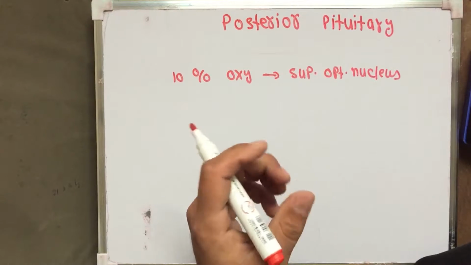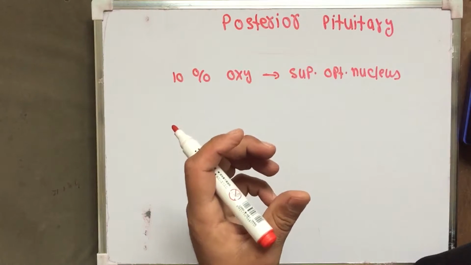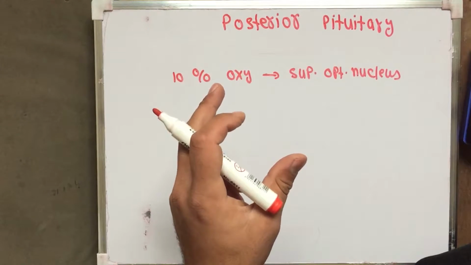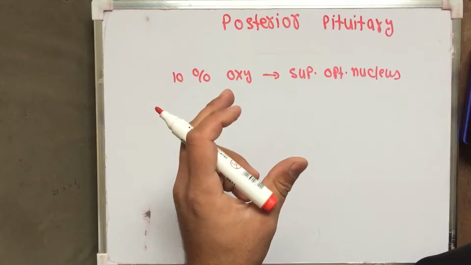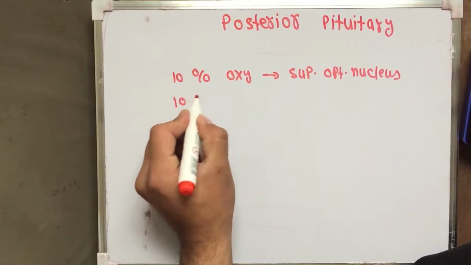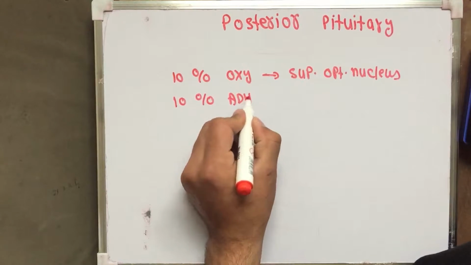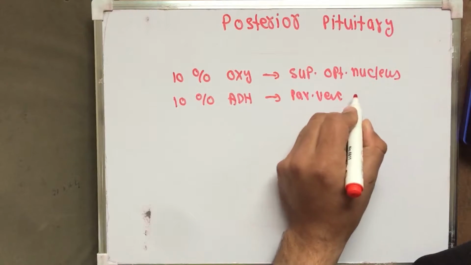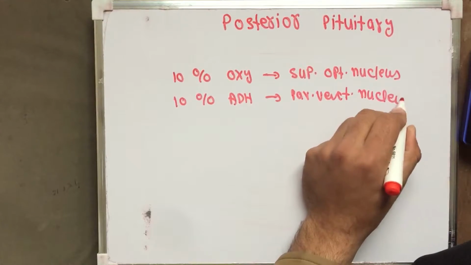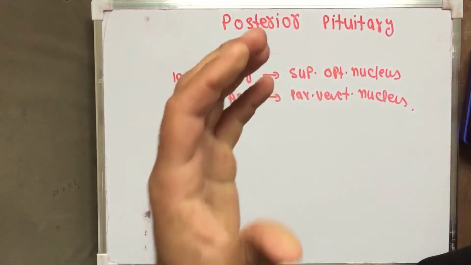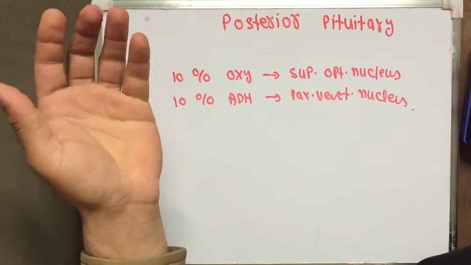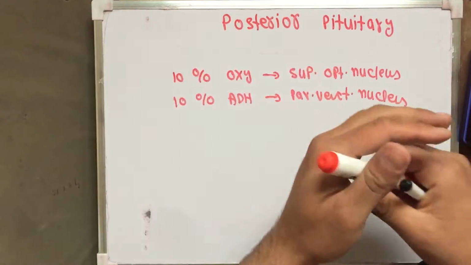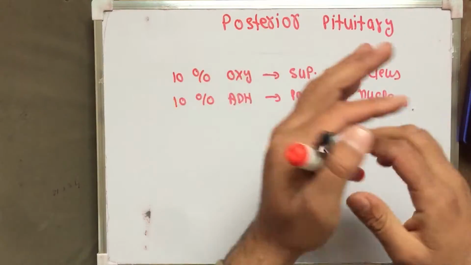Normally, we know that antidiuretic hormone is produced by the supraoptic nucleus, 90%. But 10% antidiuretic hormone is produced by the paraventricular nucleus also. So it is not that 100% antidiuretic hormone is produced by the supraoptic nucleus and 100% oxytocin is produced by the paraventricular nucleus. No, a 10% and 90% case occurs here.